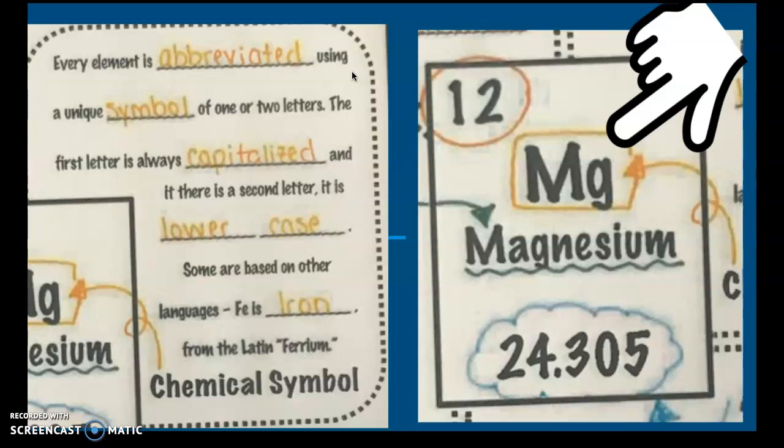Now we're going to move on to the element symbol, which is right here again signified with my giant pointer. Every element is abbreviated using a unique symbol of 1 or 2 letters. The first letter is always capitalized, and if there is a second letter, it is lowercase. This is really important as we get talking about chemical equations. I need you to understand that when there's a capital letter, it's starting a new element.